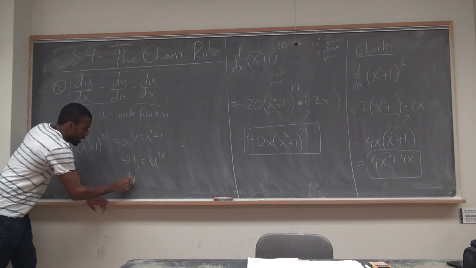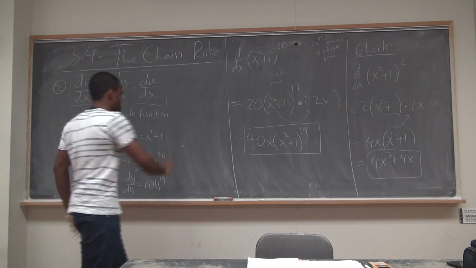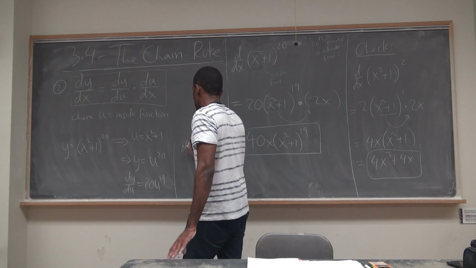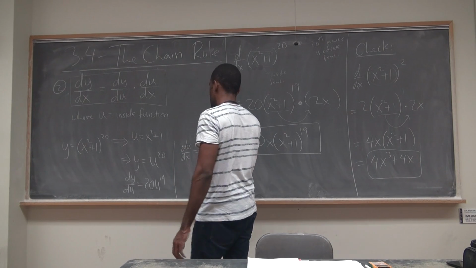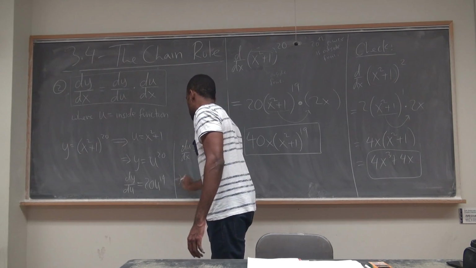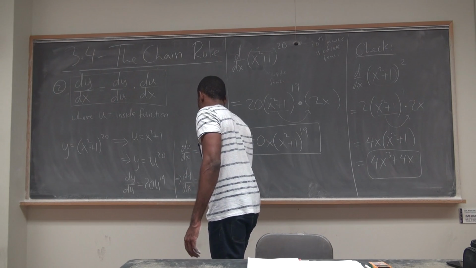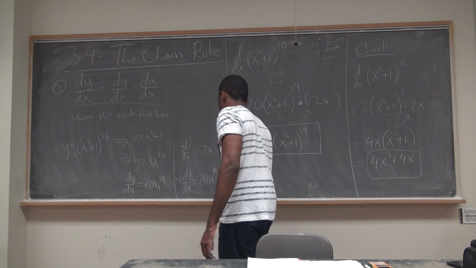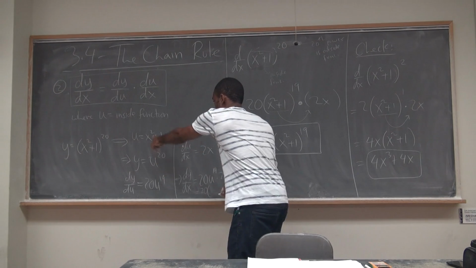So dy/du is going to be 20u to the 19, while du/dx is just the derivative of that. And then I multiply them. dy/dx is equal to 20u to the 19 times 2x. And then I just replace my u with x squared plus 1.